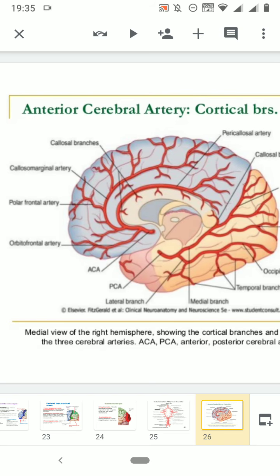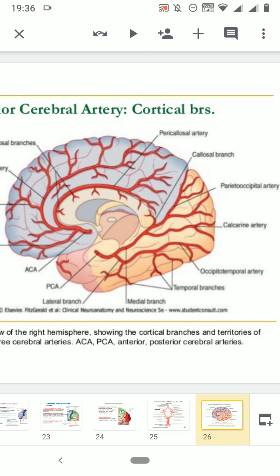So what are the cortical branches of the anterior cerebral artery? So you have the orbitofrontal, you have the frontopolar, you have the callosomarginal, callosal branches which will supply the corpus callosum. So all these branches are cortical branches. There are some central branches also which will go deep and supply.